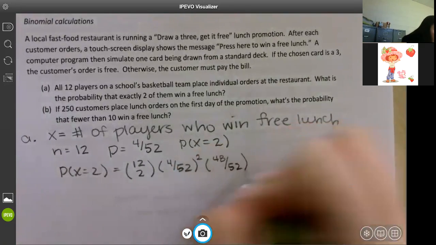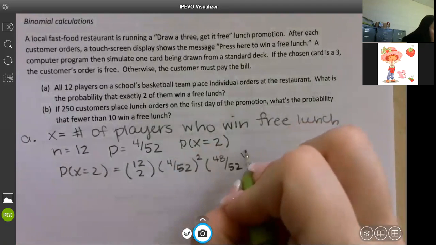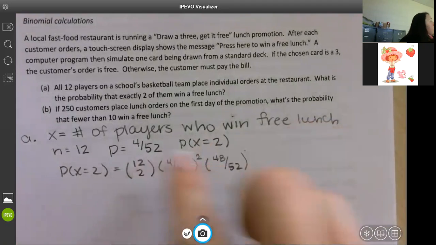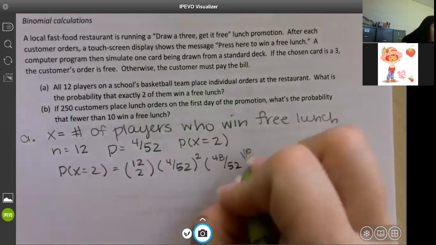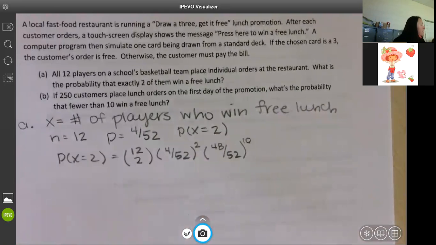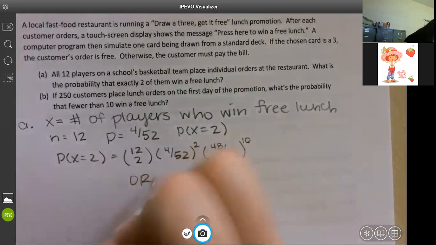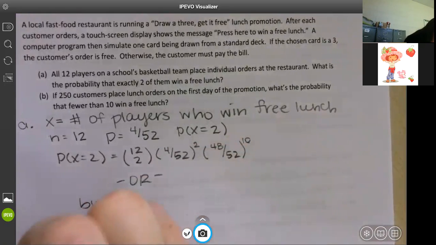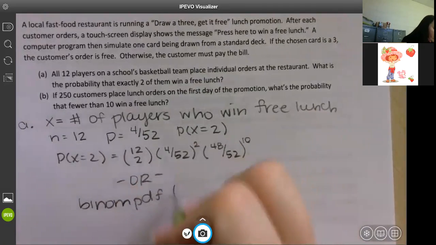And how many failures would we have? We had 12 total and 2 wins, so that means 10 losses. I don't want you to work this out. I'm going to put it in your binomial CDF or PDF. Which one do we use? Good, PDF, because it's exactly.